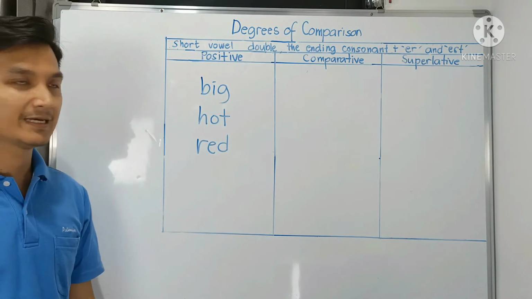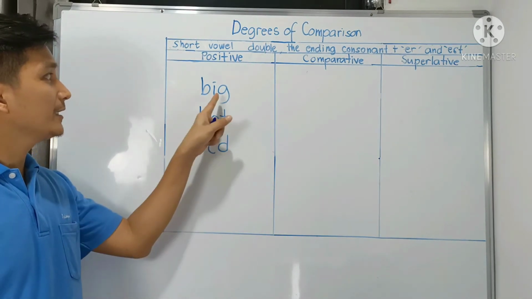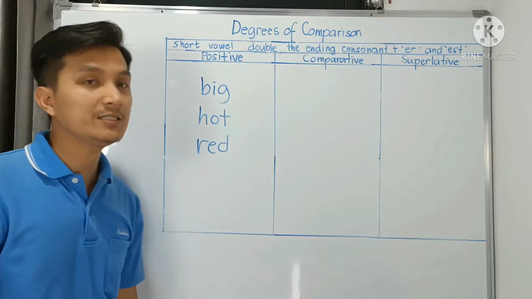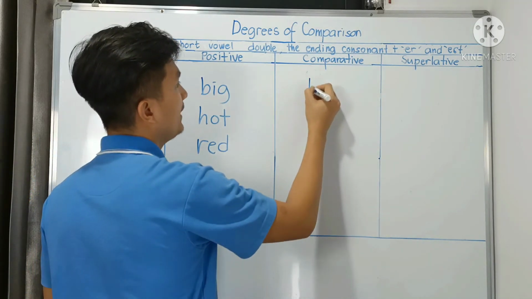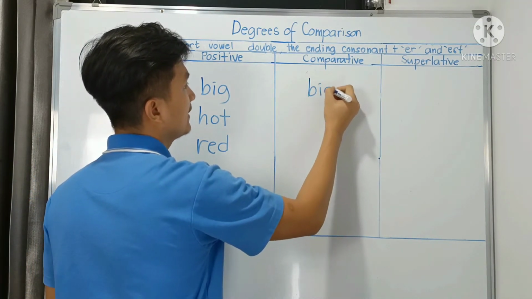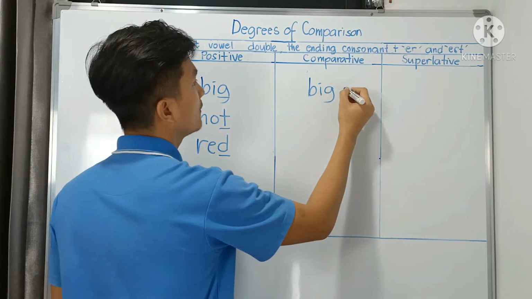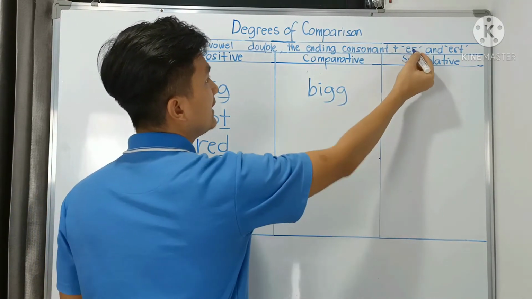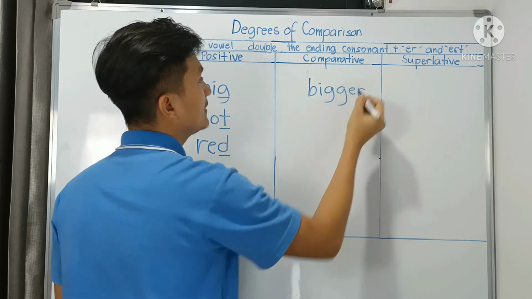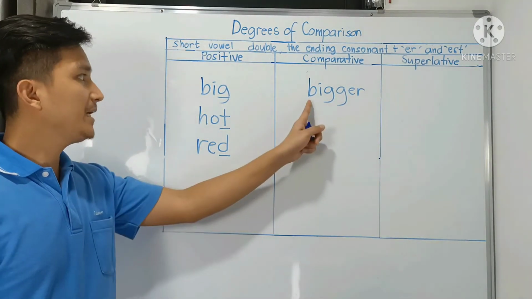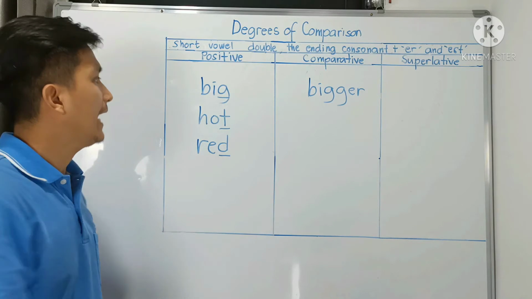So what we're going to do is double the ending consonant. So big, ending consonant, right? Double it and add ER. So it will become bigger. Big, bigger. How about hot?